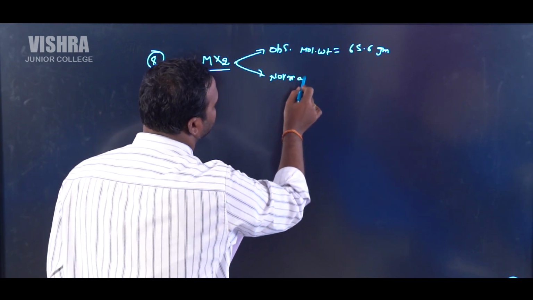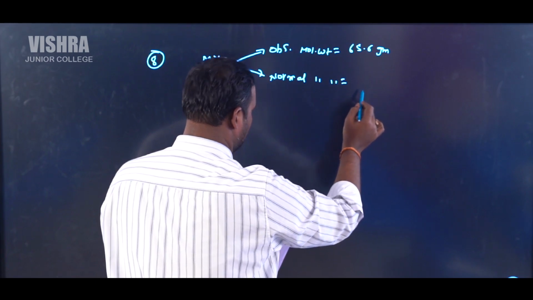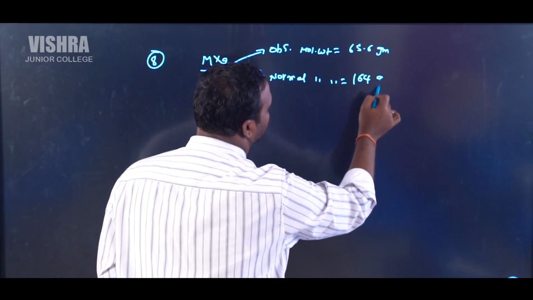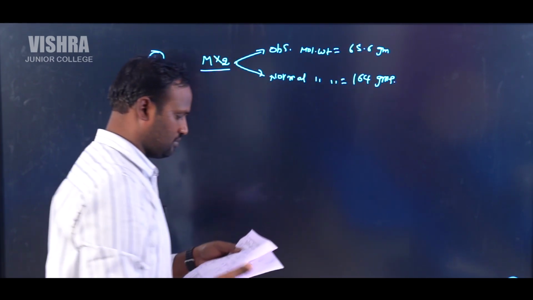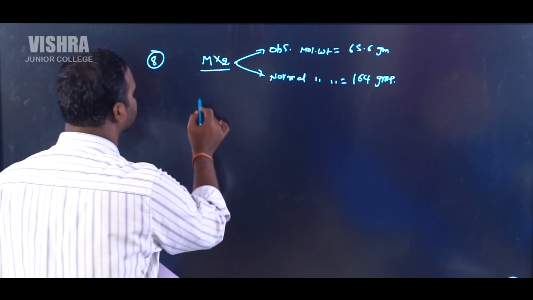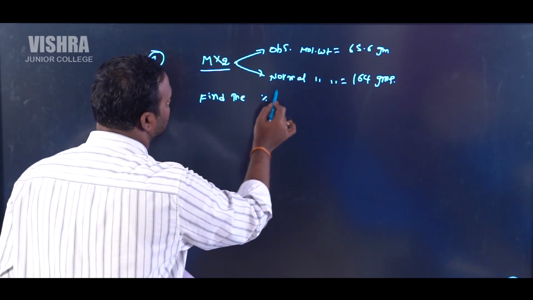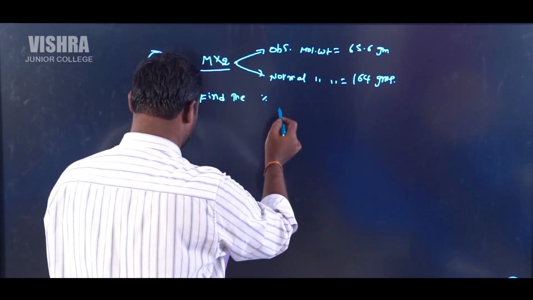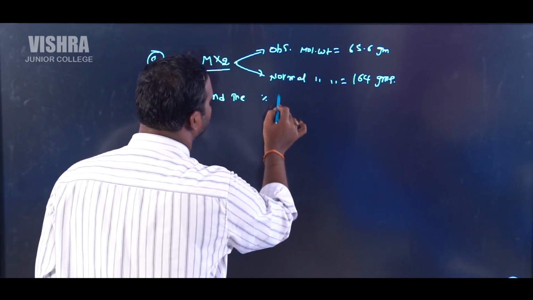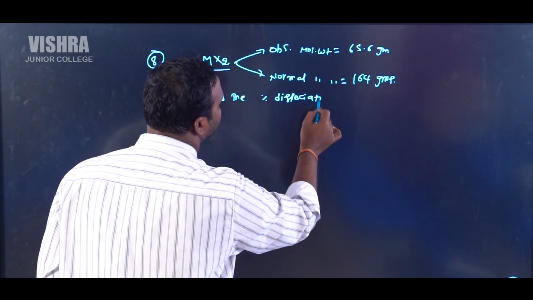Normal molecular weight is 164 grams. Find the percentage dissociation.